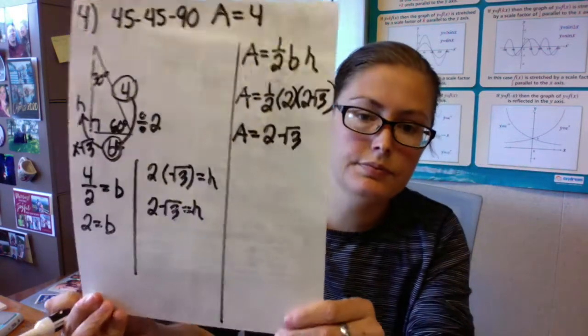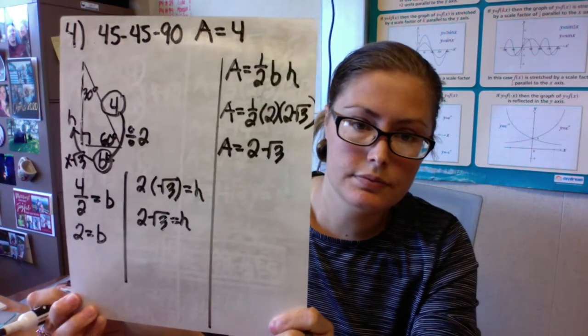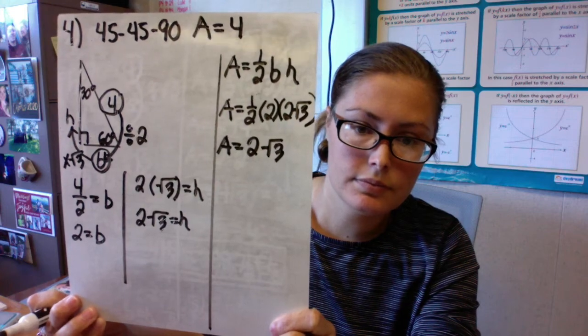So our area is equal to 2 radical 3. And if we turn that into a decimal, our area is equal to 3.46.